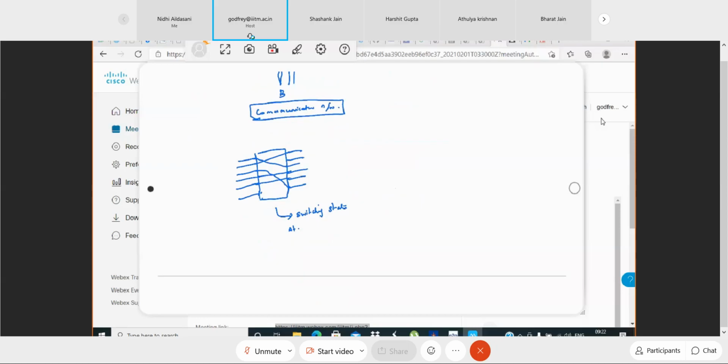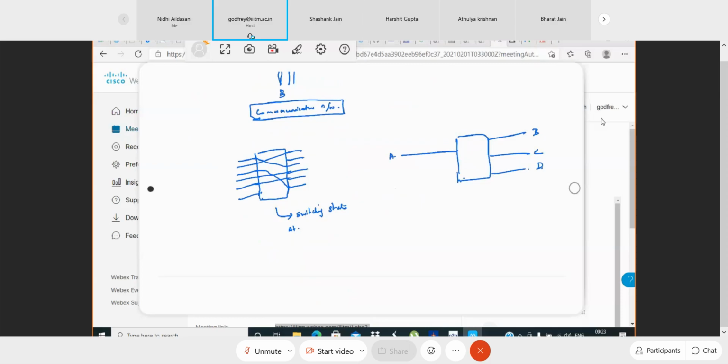Now we may have A connected to a switching system, and you have B, C, D, right? And now the switching system decides how the interconnection is going to happen, so who is going to be connected to whom. That is defined by the switching system.